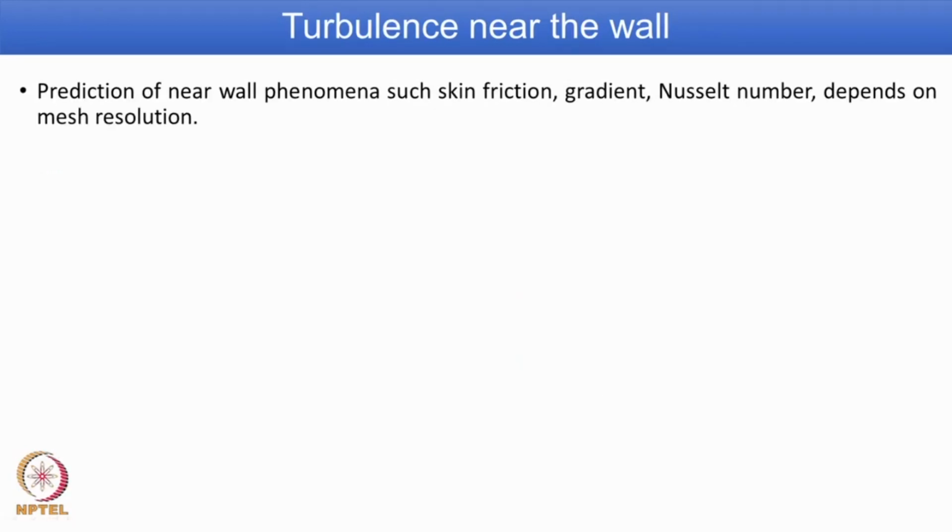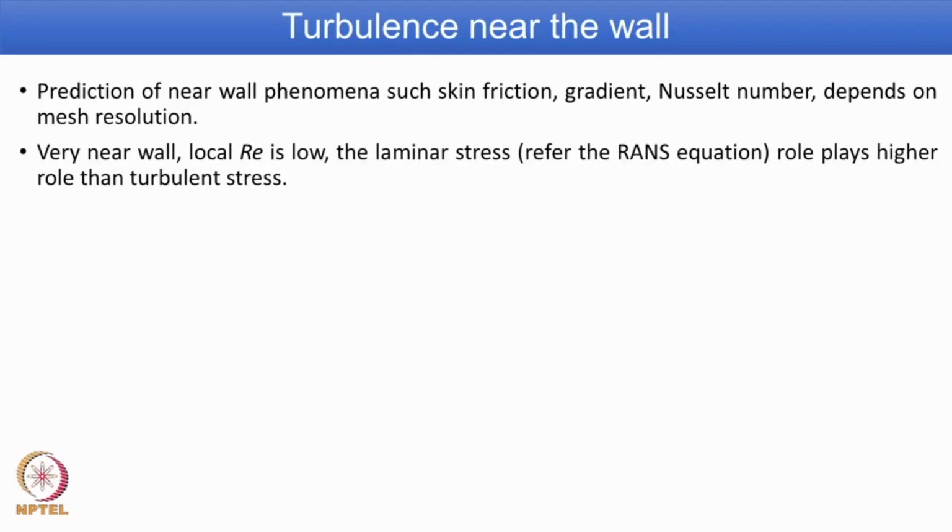So, prediction of near wall phenomena, for example, if you are interested in the skin friction coefficient, any wall normal velocity gradient, or the Nusselt number, depends on the mesh resolution near the wall. Very near the wall the local Re is very low, and again the laminar stress, referring to the Reynolds averaged Navier-Stokes equation, you have terms corresponding to laminar stress and turbulent stress.